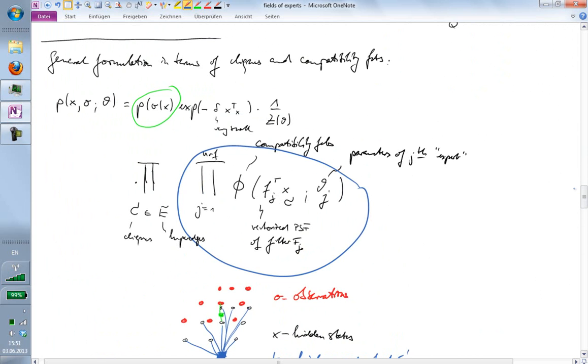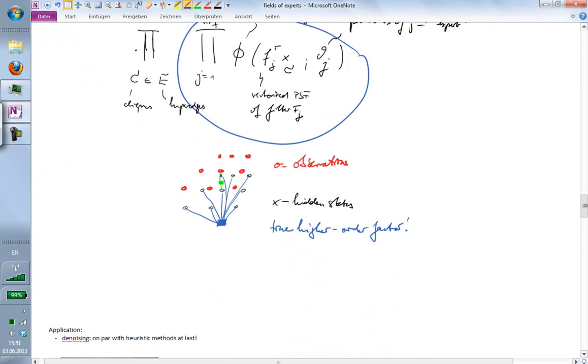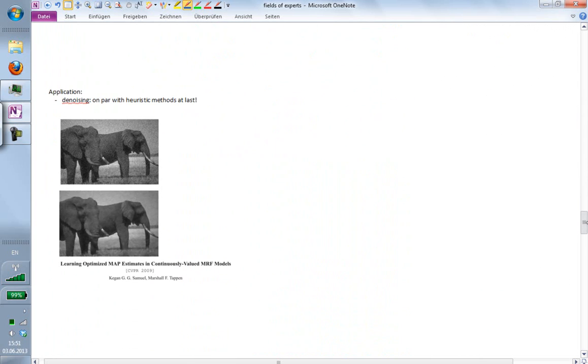Now, for the mathematically inclined among you, I have good news. When we talked about denoising a few weeks ago, I said that even the most fancy MRF methods cannot compete with heuristic ones.